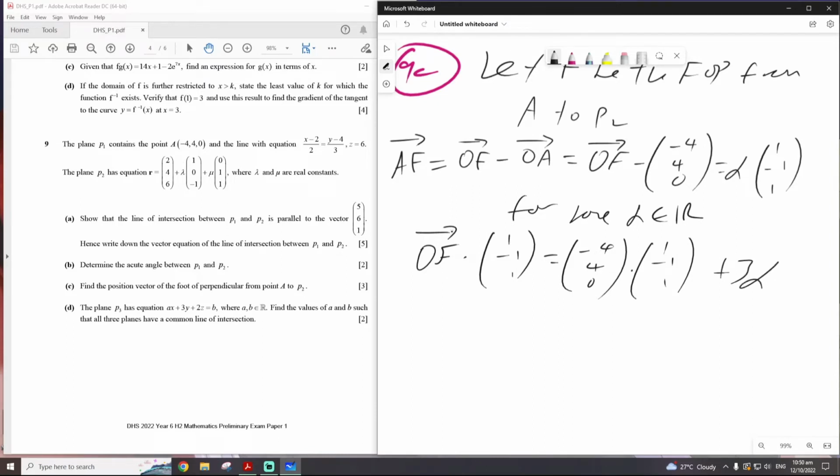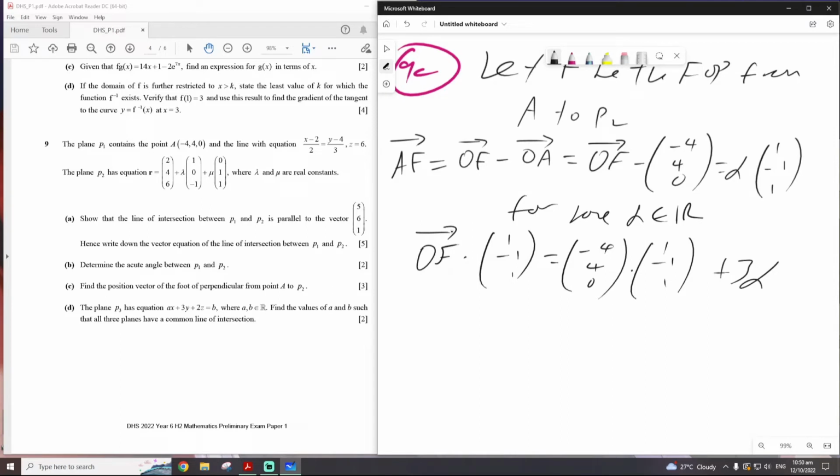Okay, because OF dot, because this is AF dot this vector, because AF is parallel to it, right? So when you dot two parallel vectors, you get the square of the magnitude. So you get the magnitude of this squared, which is 3, so 3 alpha.